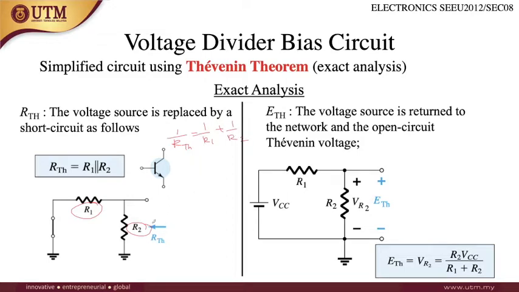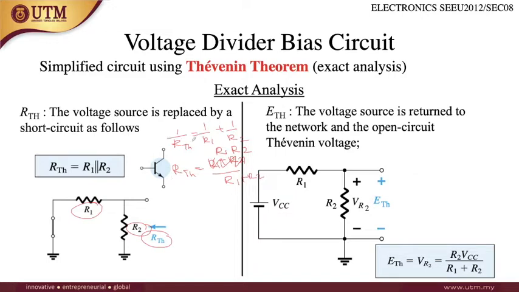This is to find R Thevenin. Rearranging this equation, R Thevenin will be R1 times R2 over R1 plus R2.